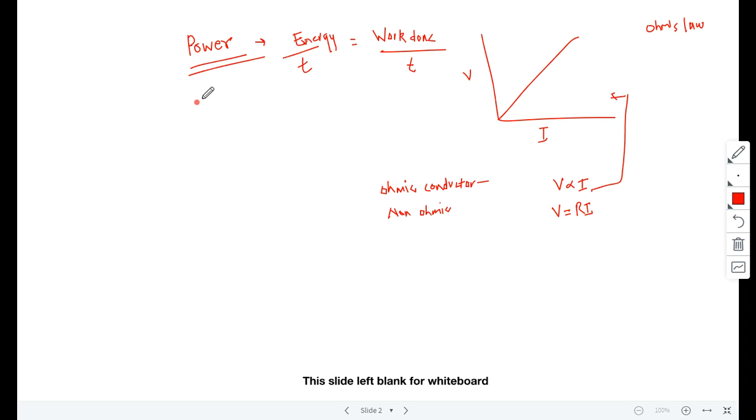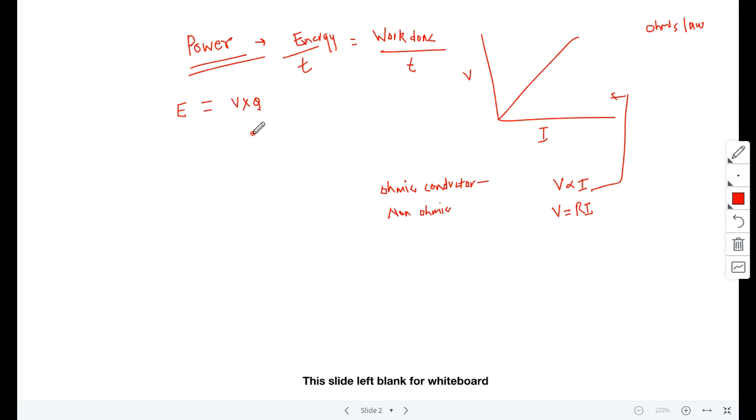Now, energy transfer in current electricity. Energy transfer is basically potential difference multiplied by charge.